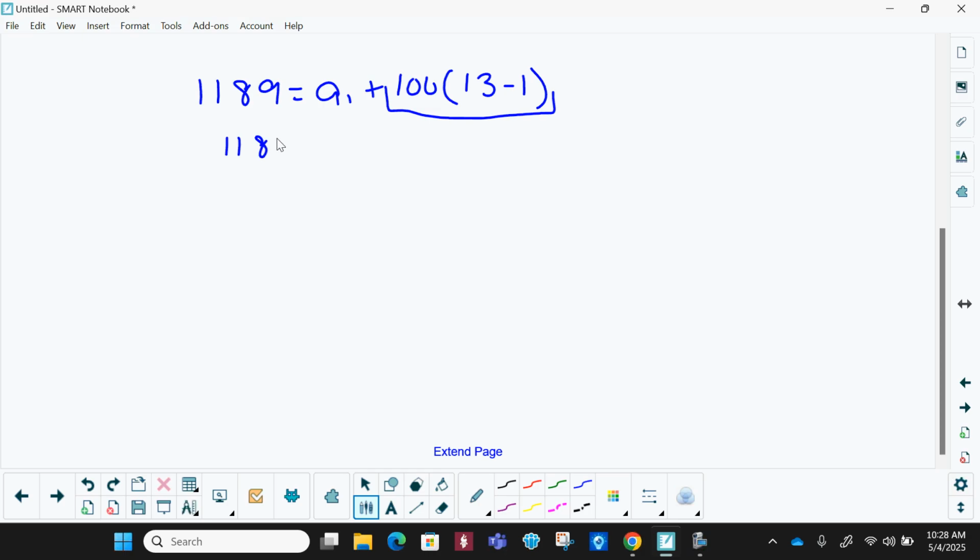So 1189 equals a1 plus 1200. Subtract 1200, I believe it's negative 21.